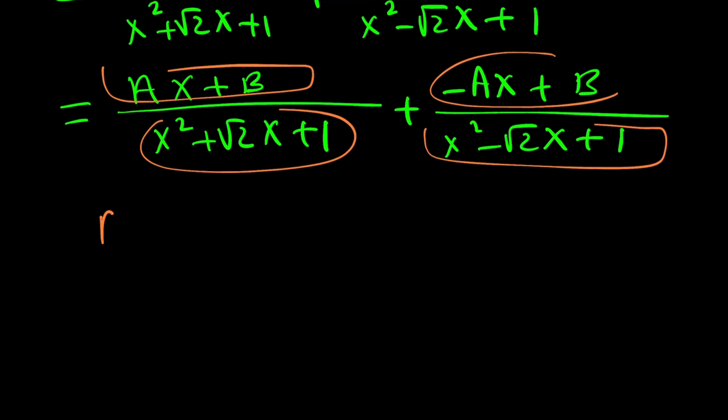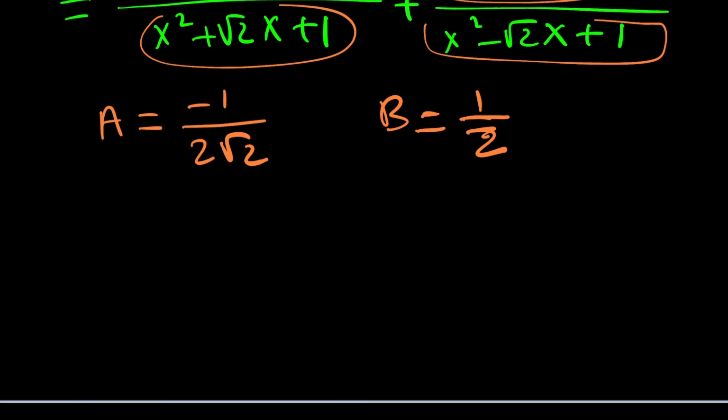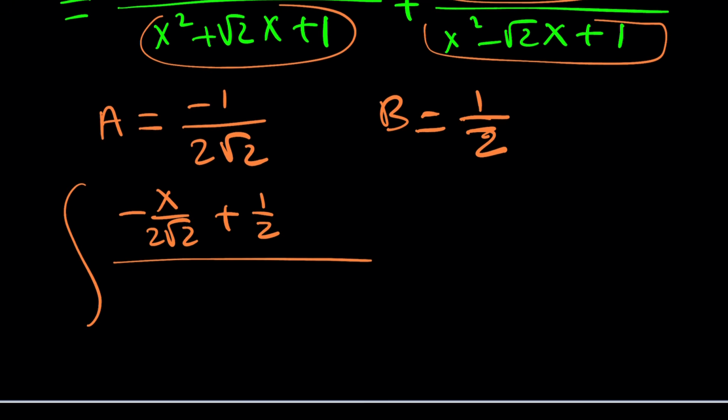To keep a long story short again, I'm going to give you that a is going to be −1/(2√2), and b is going to be 1/2. And of course, this works for c and d as well. Okay. Great. Now, our integral is going to turn into something like this. We're going to have (−x/(2√2) + 1/2), of course, because of b, and all of that is divided by x² + √2x + 1.